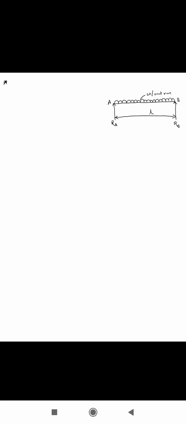Now again, this is a simply supported beam having uniformly distributed load over the entire length. So this is the case that we are discussing as of now.